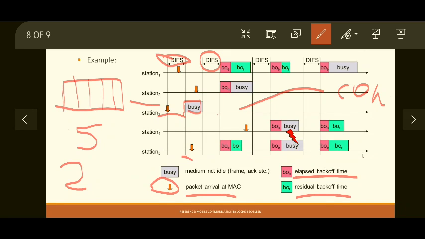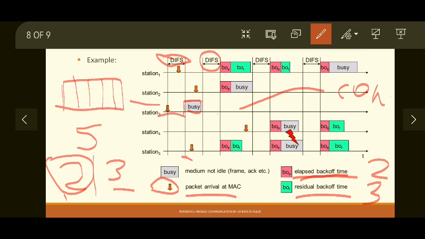As soon as the medium becomes busy, it is stopped, so the remaining is 3 slot times. So elapsed back off time is 2 slot times and residual back off time is 3 slot times.